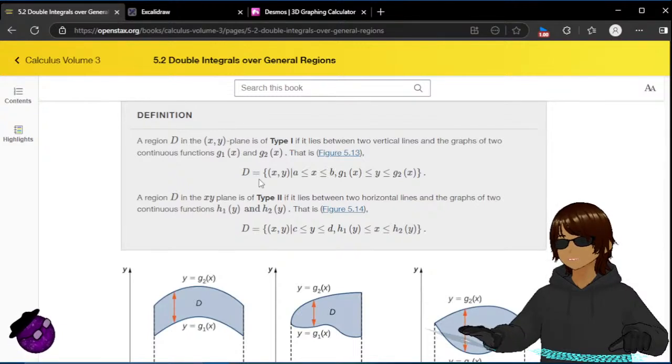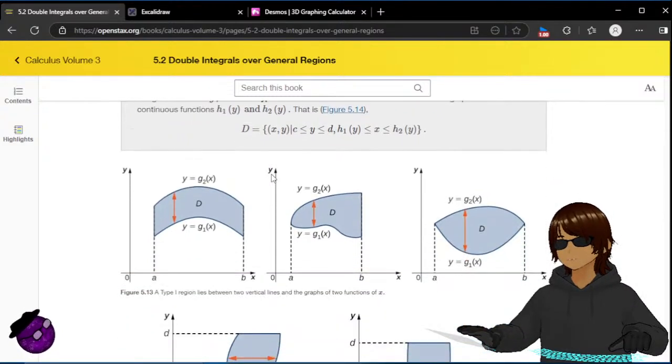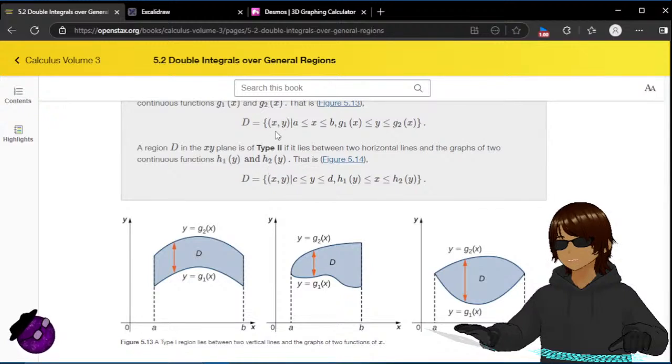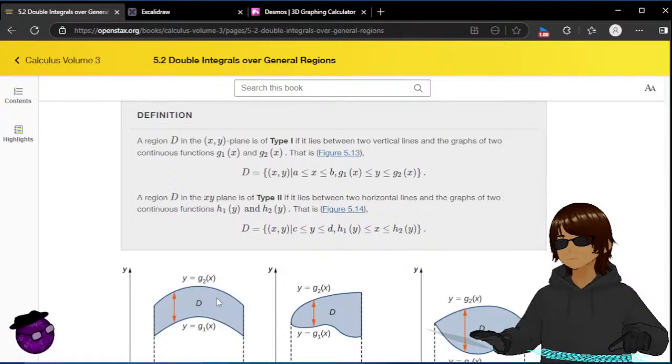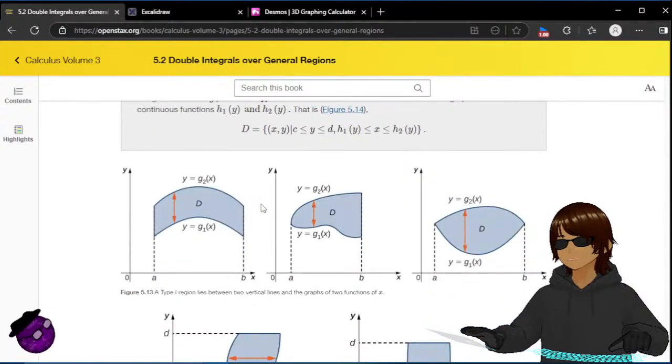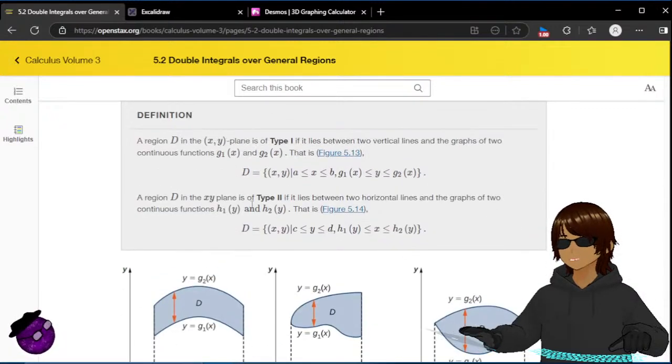That is, D is equal to the set of (x, y), where x is between a and b, and y is between g1(x) and g2(x). So we are defining the upper and lower boundaries by functions, and these functions can connect at both end points.